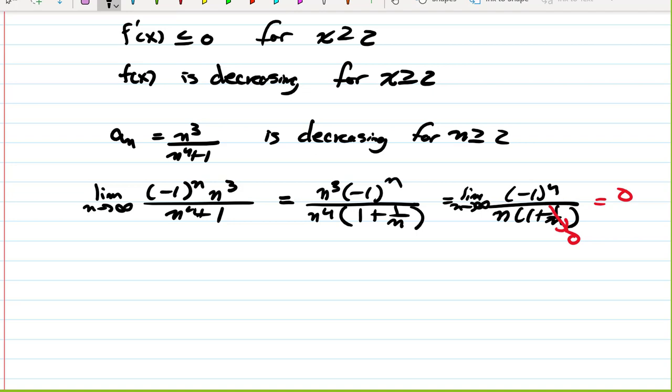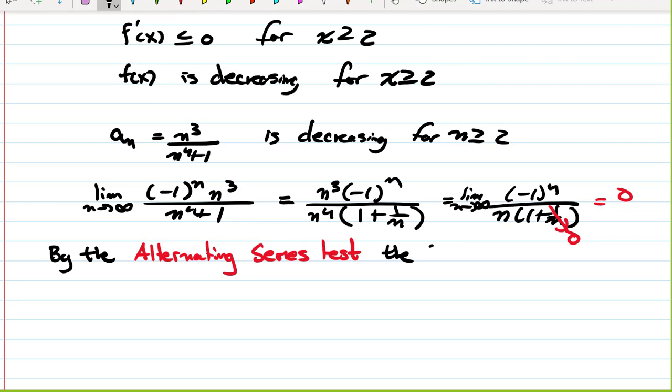So we could also analyze that we have a degree 3 over a degree 4, so that limit would have to be 0. So by the alternating series test, the series converges.